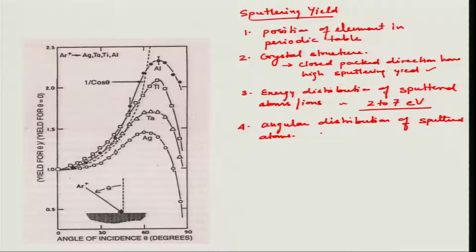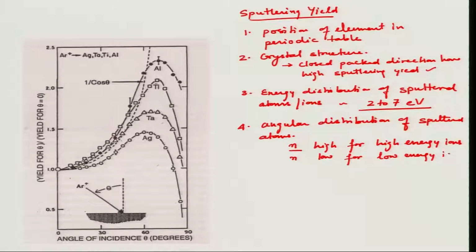Or if you recall the coefficient that we had used when we were describing the directionality of the source, n will be high for high energy ions bombarding on the surface, and n is the directionality, and n will be low for low energy ions.